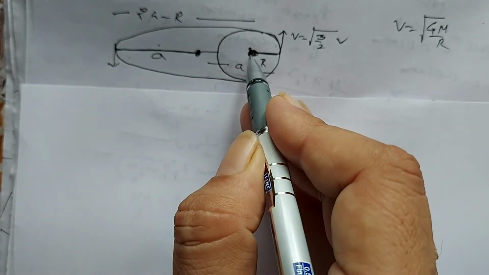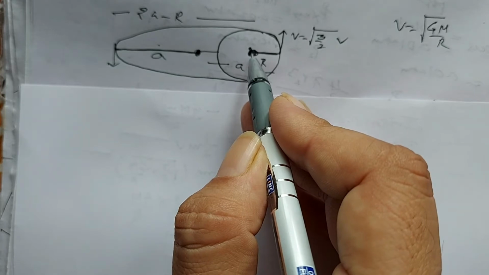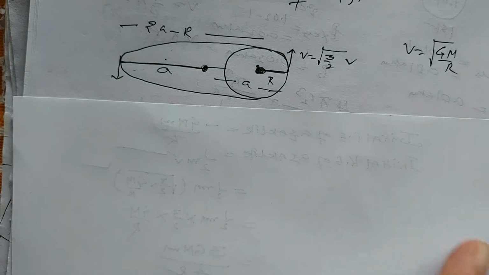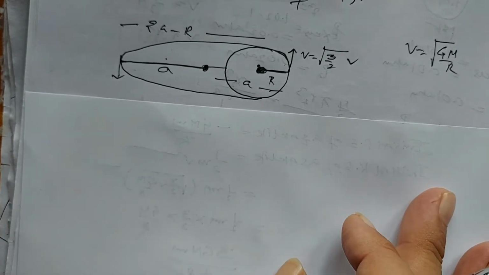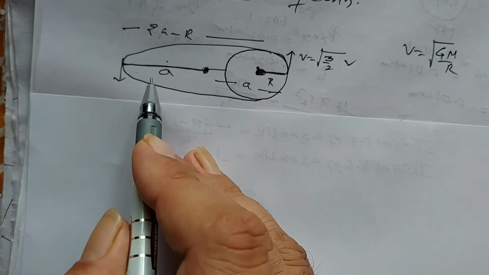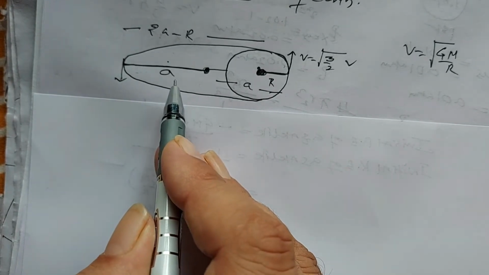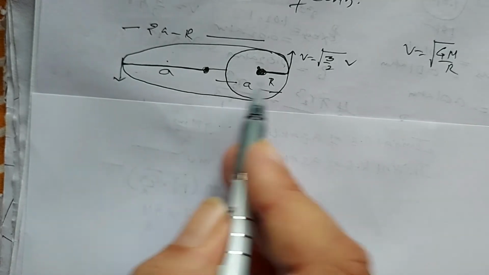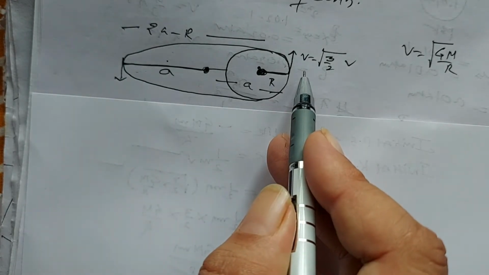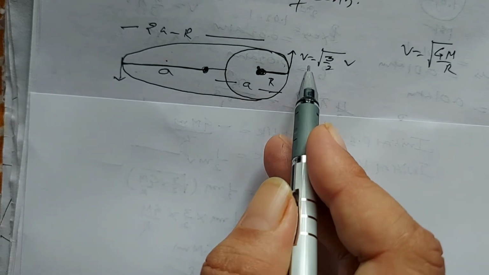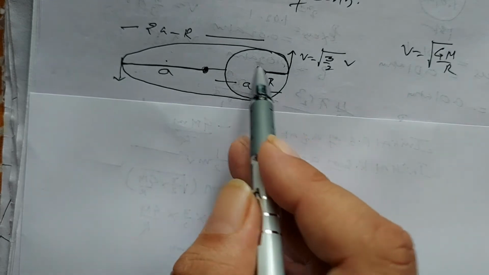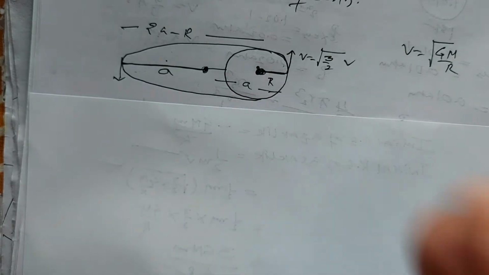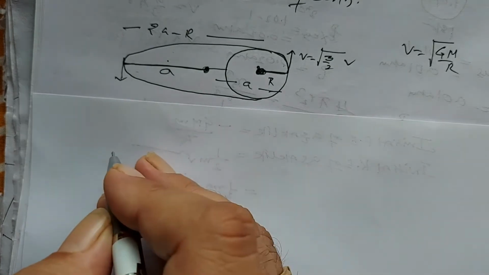This is the center of the Earth, and this is the length of the semi-major axis. When the speed of the satellite increases to root 3 by 2 times v, the satellite moves in an elliptical orbit.